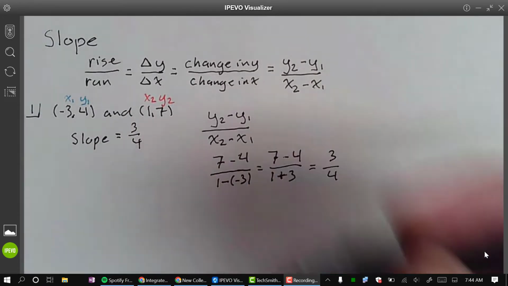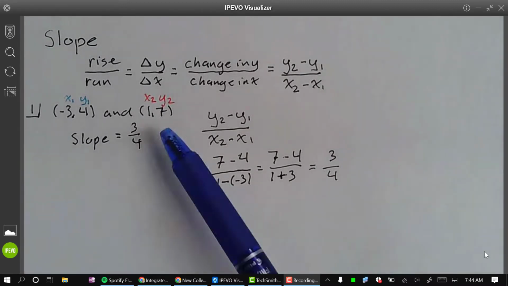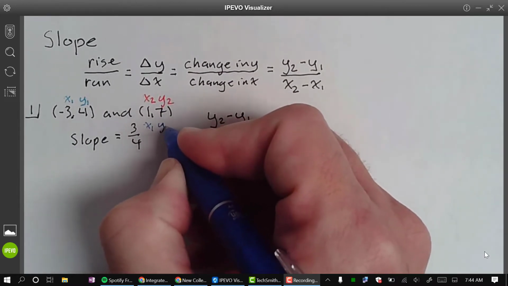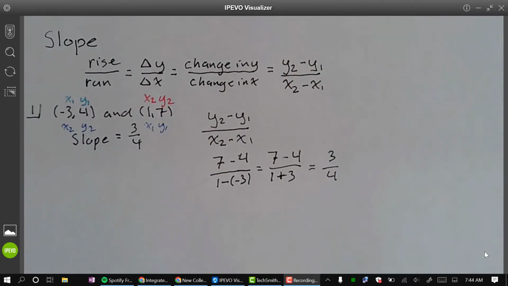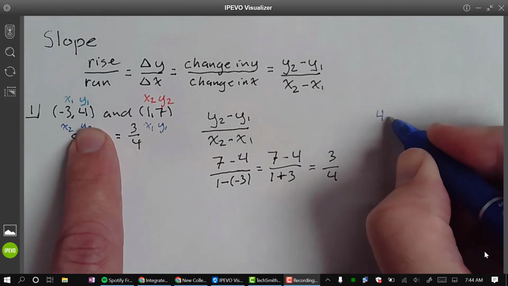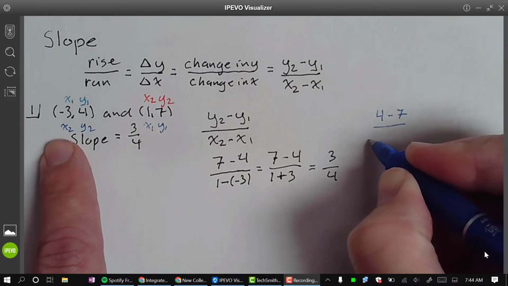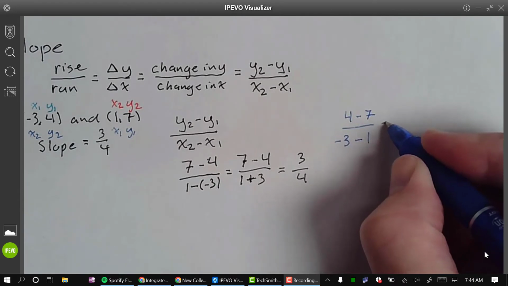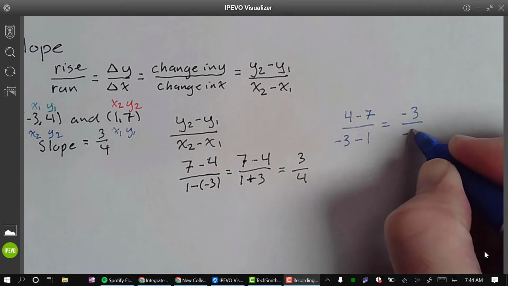But what if I had done it the other way? What if this had been my x1, y1, and this had been my x2, y2? Would I get the same answer? Well, let's plug it in and see. 4 minus 7 divided by -3 minus 1. 4 minus 7 is -3. -3 minus 1 is -4.